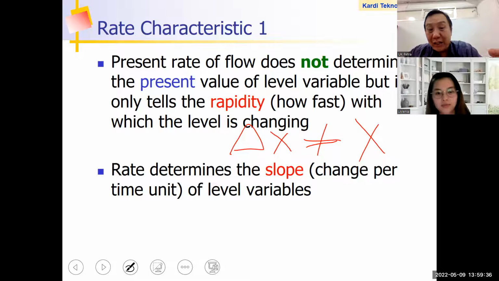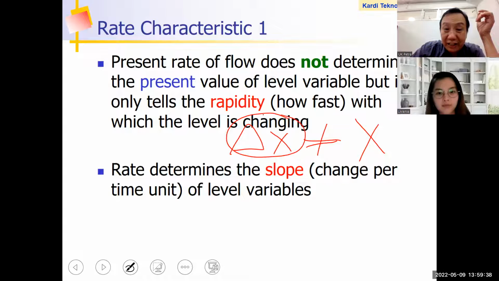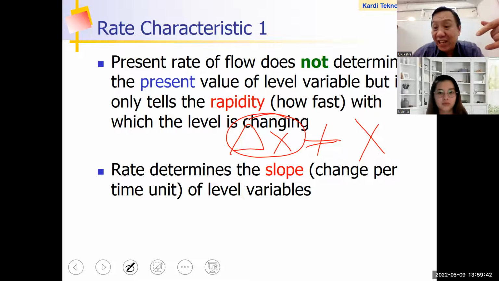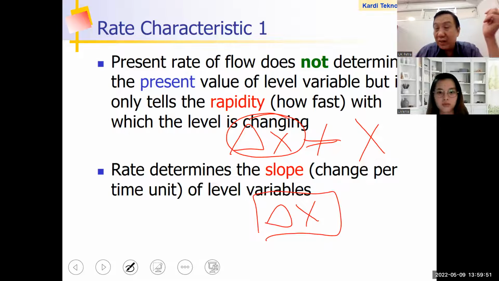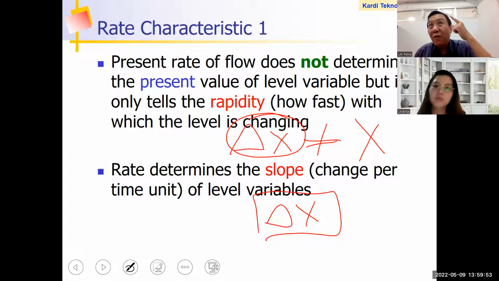So the rate determines the slope. When we say delta x here, it is actually the slope. The slope means the change. So when we say delta x or delta y, we are talking about the flow. Remember, flow means action. Rate and slope are the same thing.